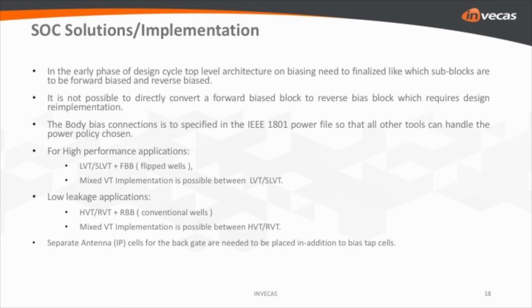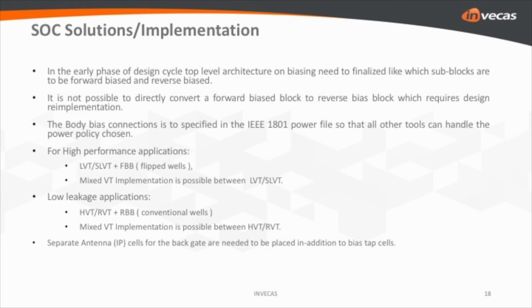Whereas for low leakage applications, where the leakage power has to be an absolute minimum, we can use the HVT and RVT devices in a reverse body bias configuration with conventional wells. Again, here a mixed VT implementation is possible between the HVTs and RVTs. Both kinds of devices can be used in the same block.